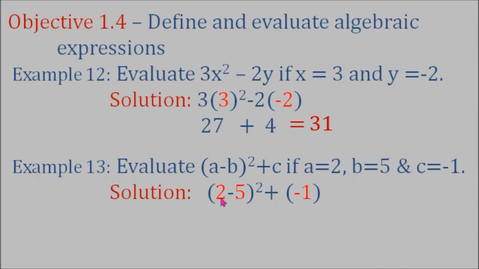So we have the quantity 2 minus 5 squared, which is equal to 9, because 2 minus 5 is negative 3, then square it, that's 9, and then minus 1. So 9 minus 1 equals 8. So this is our answer.